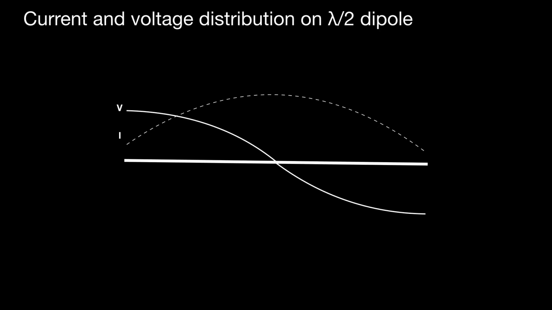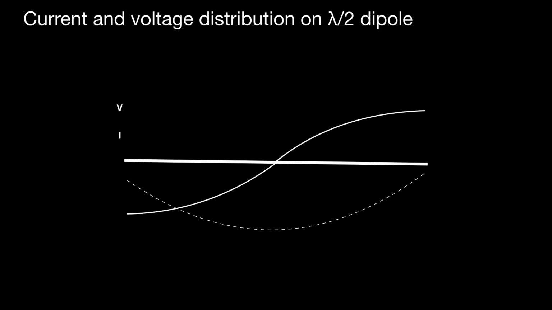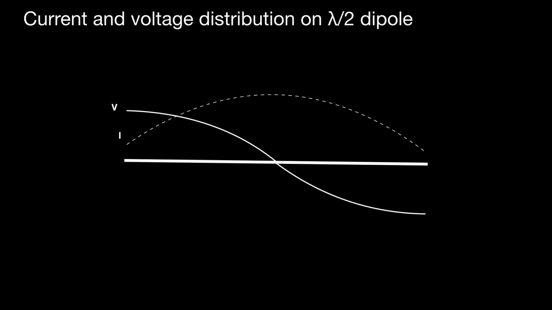In the next half cycle, we would expect both of those to reverse. And you can see animations on the internet showing how the voltage and the current distribution changes with each cycle of RF energy applied to the antenna.